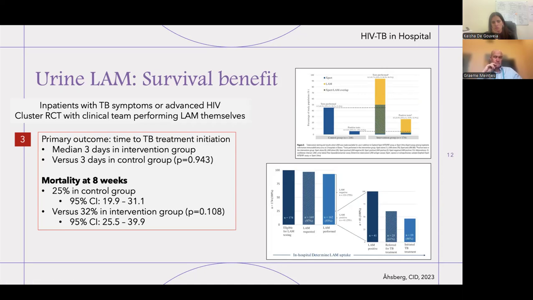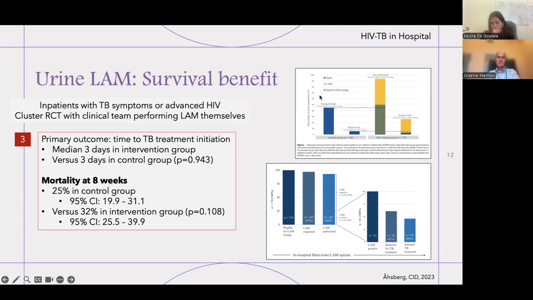And they do go into trying to break down the reasons for this disconnect. They mention that in some patients it was timing, and unfortunately patients died before the LAM could be performed or before they could be initiated on treatment. But in others, they highlighted communication issues amongst the clinical team, and also waiting for the Xpert result to come out before they decided to initiate treatment, even though the LAM was positive.